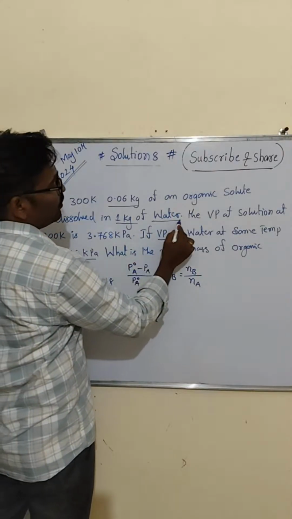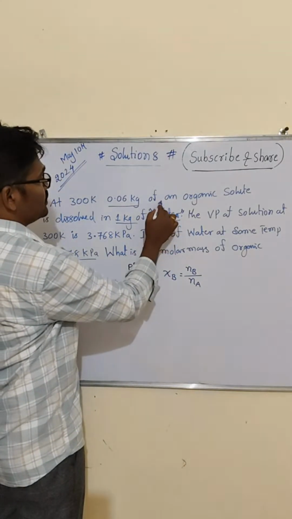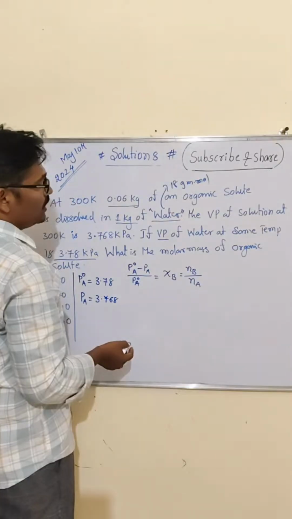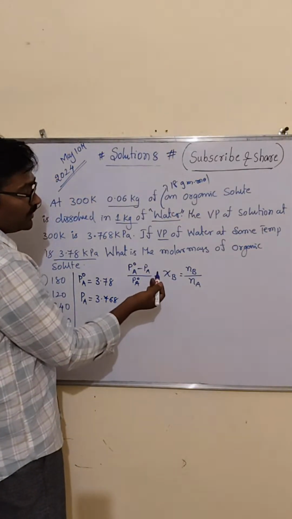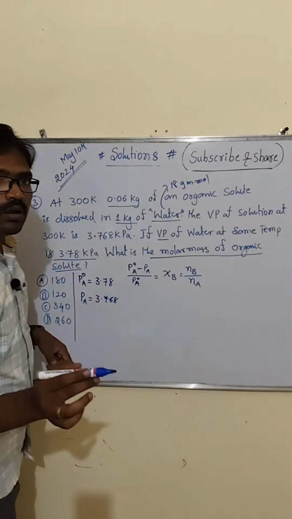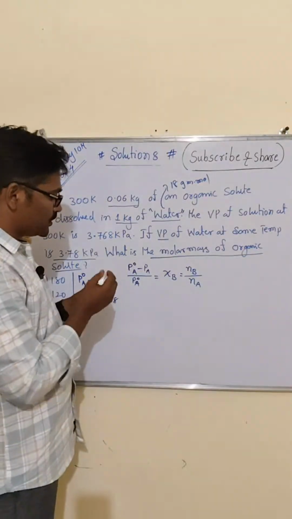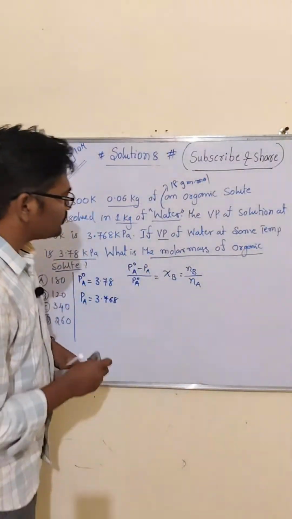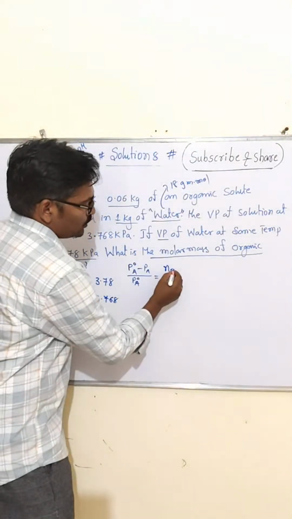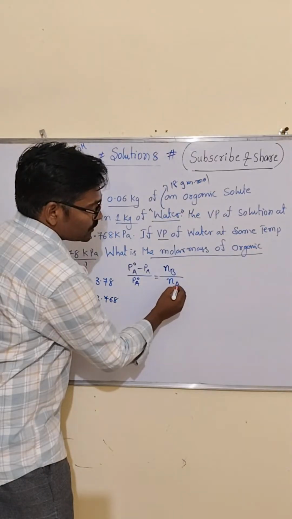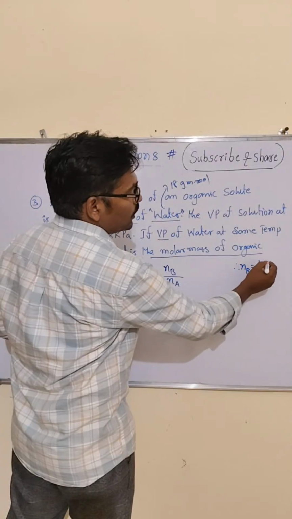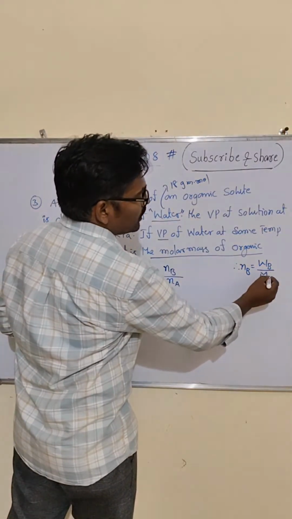The molar mass of water is 18 gram per mole. We have to find the molar mass of the solute from this formula. The number of moles of solute divided by the number of moles of solvent: the number of moles of solute, nB, equals WB divided by MB.